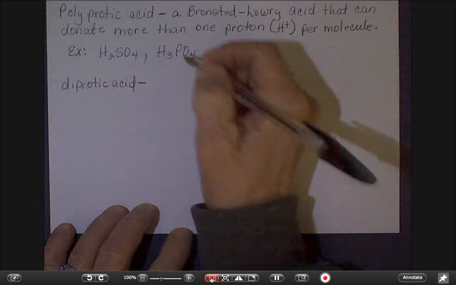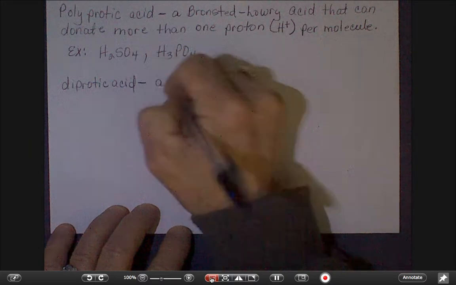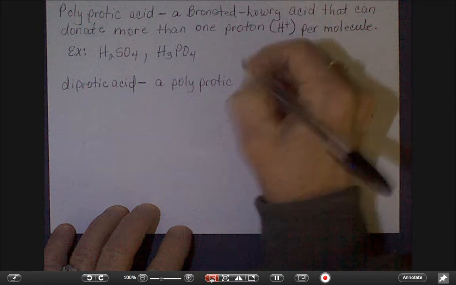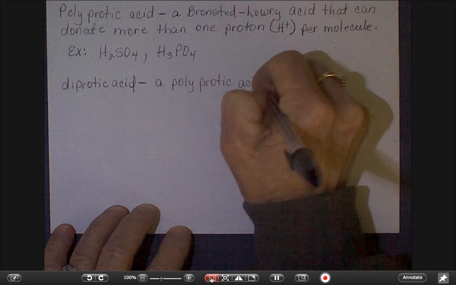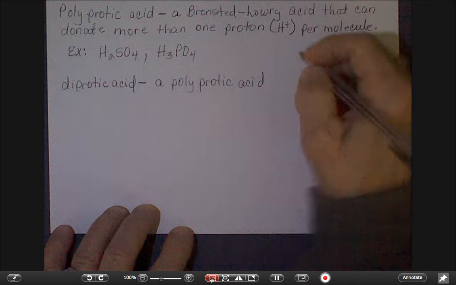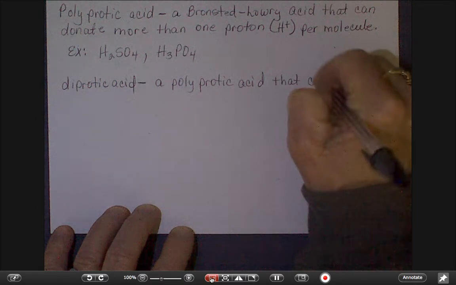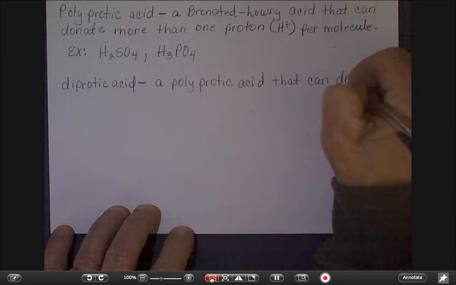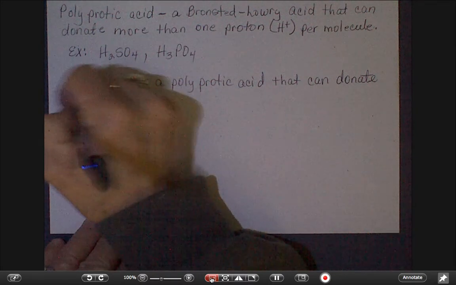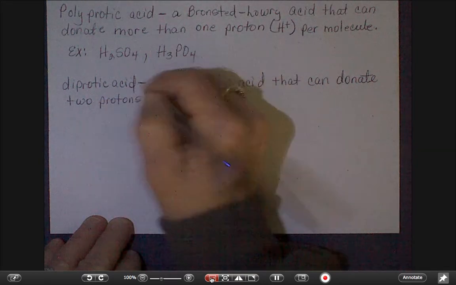Alright. Diprotic acid. A polyprotic acid that can donate 2 protons per molecule.